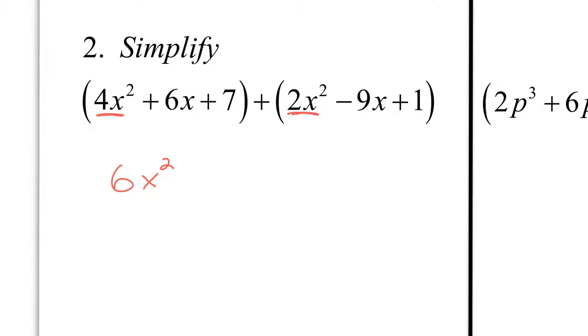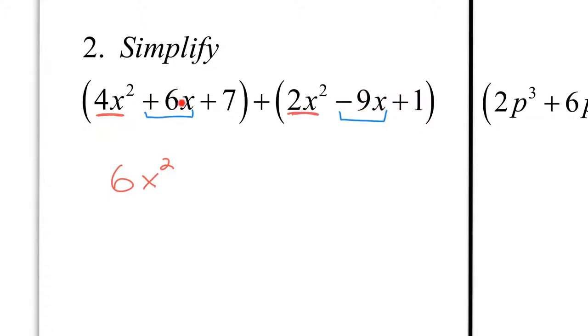Then you go to the next term. After the x squared, the next lowest one is 1, so the x with the first power. We do have a plus 6x, and we have plus a negative 9x over here. Now remember that a plus negative is actually just a minus. So you take the positive 6 minus 9x.